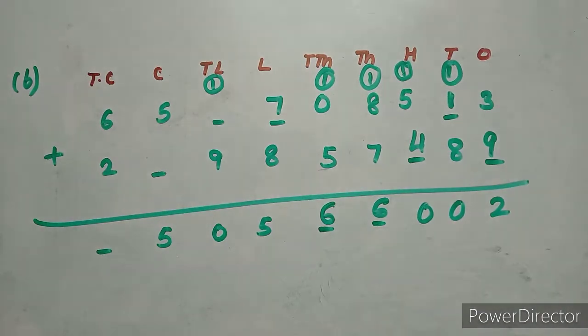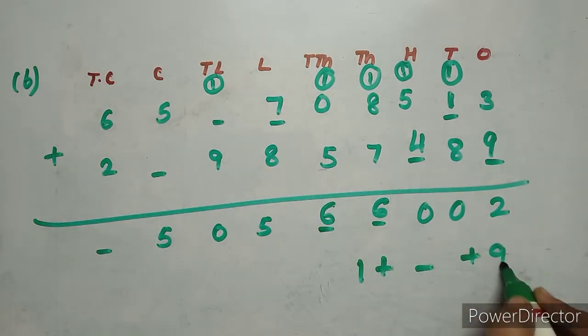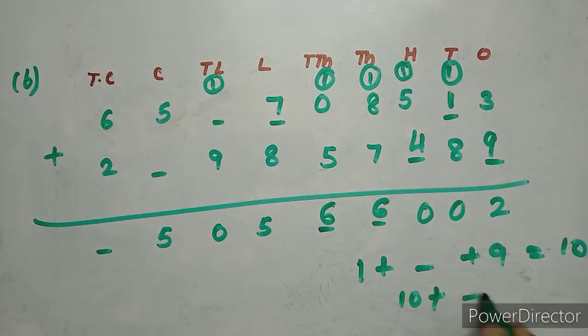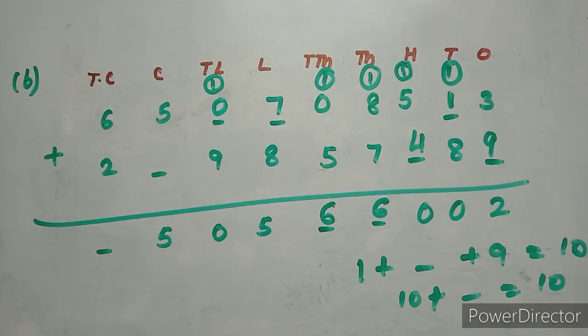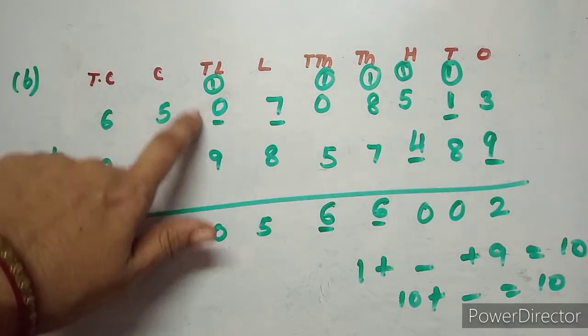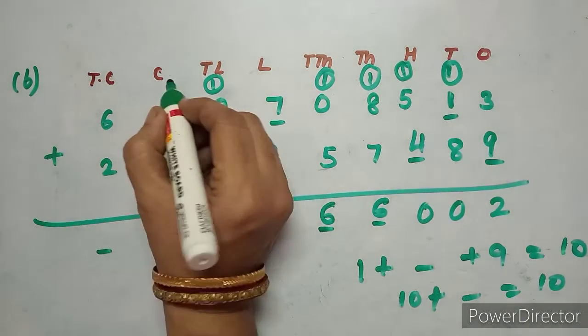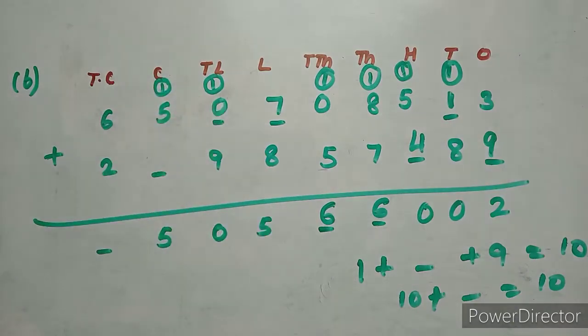So you can see here 1 plus dash is equal to 10. That means in the blank you should write 0. Okay, so if you add 0 here you will get 10. So here again you need to write the carryover 1.